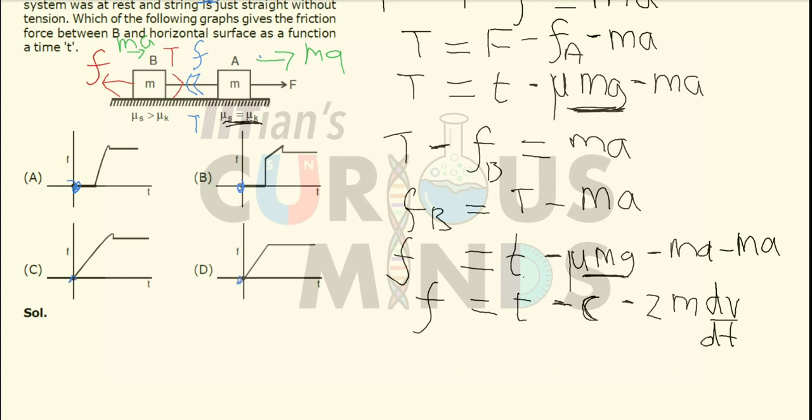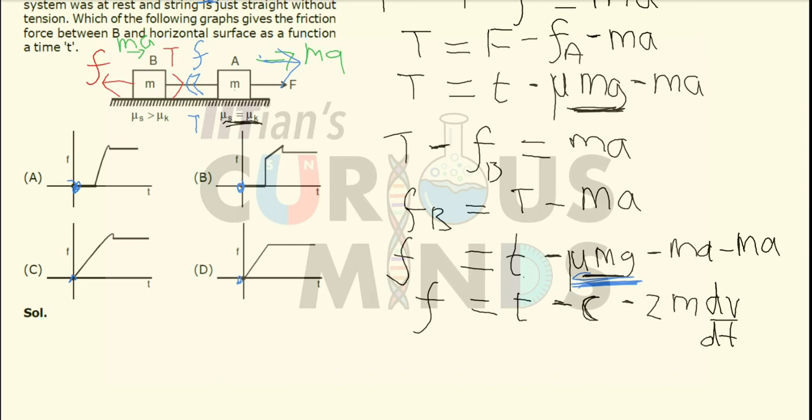As the time increases, the friction force will go on increasing as a function of time. But in this case, the mu mg will initially go on increasing till the block moves.